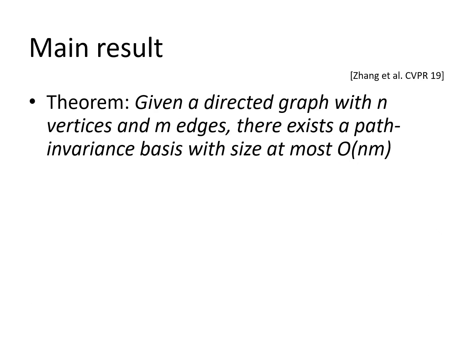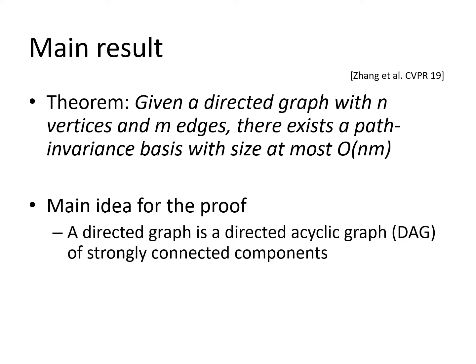Under this assumption, our main result is that for an arbitrary directed graph with n vertices and m edges, there exists a path-invariant basis of size at most n times m, where n is the number of vertices and m is the number of edges, meaning that it's of polynomial size. The proof is not that trivial, and you can read the paper.